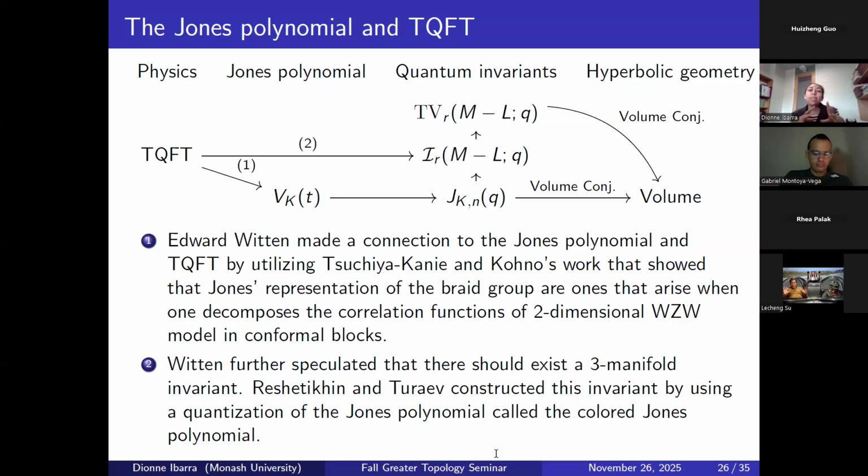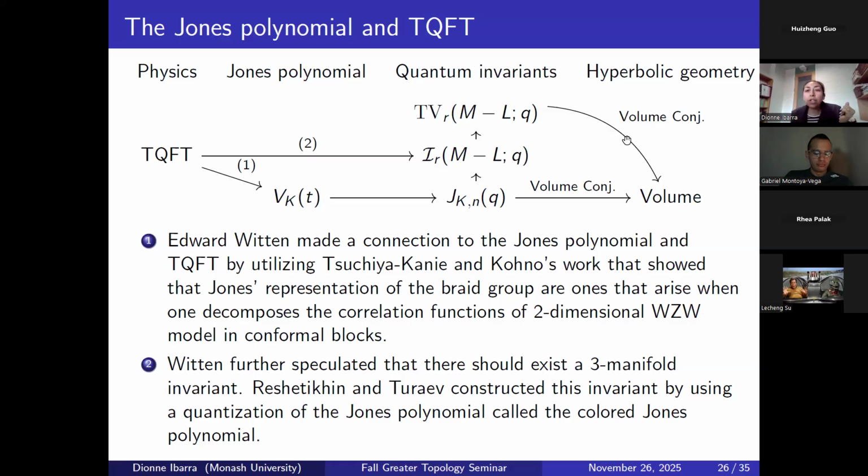And then, okay, so how is this connected to geometry? Well, it's all conjecturally connected at this point. There is a conjecture, the original volume conjecture, that the limit of the growth rate of the Jones polynomial at some root of unity, where you take the limit using r, which is related to the root of unity, is the volume.